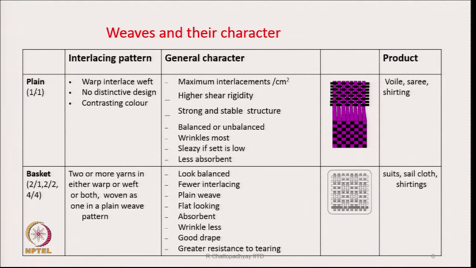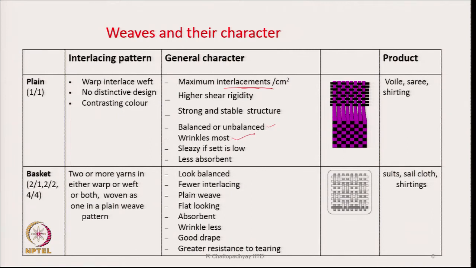So, we have plain weave, one by one, that is one up one down, we all know. Interlacing patterns, warps are interlacing the weft yarns. General character of the fabrics are stated in here. Maximum number of interlacement you will find in the plain woven fabrics. It has a higher shear rigidity, strong and stable structure, balanced or it could be unbalanced.